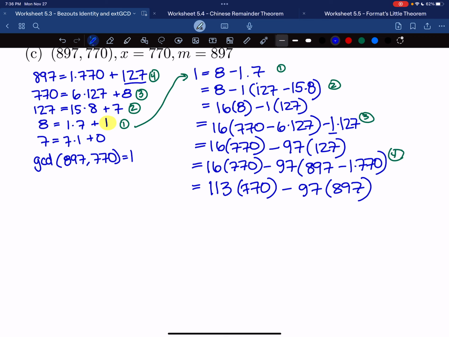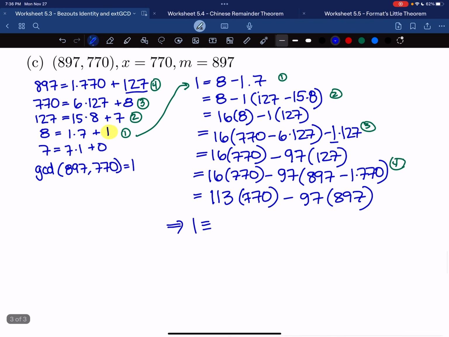Okay, and so since that's all equal to 1, I can say therefore 1 is equivalent to, and I want to work with 770 mod 897. So if I put this under mod 897, this is just going to go away.